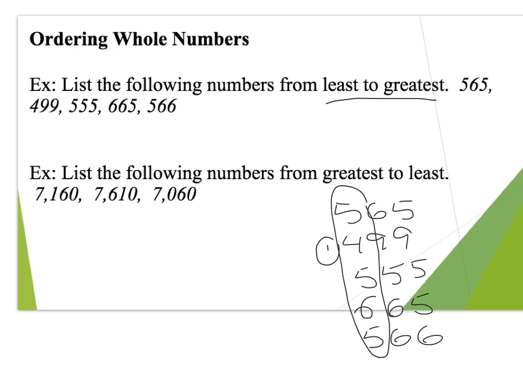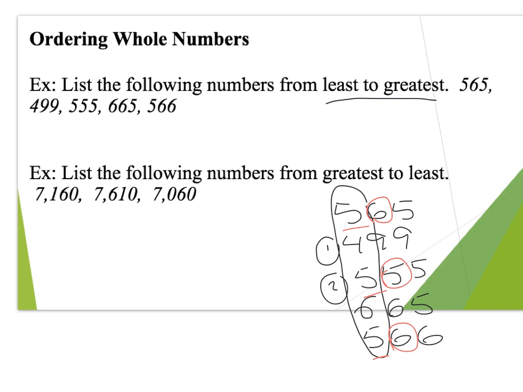Then we have 3 numbers that have a 5 in the hundreds place. So we need to move on to the tens place to compare those numbers. We have a 6, we have a 5 in the tens place, and we have a 6. Of those 3 numbers, 5 is going to be the smallest, so that's our second smallest number.